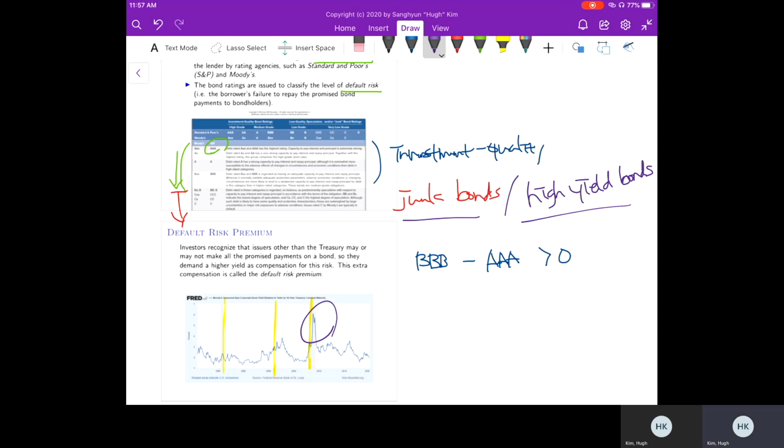So this pushes up the prices of AAA bonds and lowers the yields on AAA bonds, making the default spread larger. So this type of thing happens when people fly to safety.